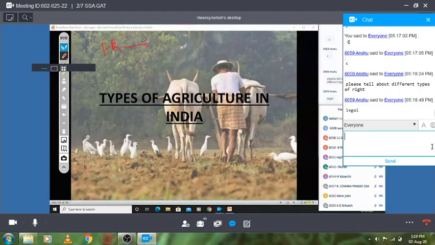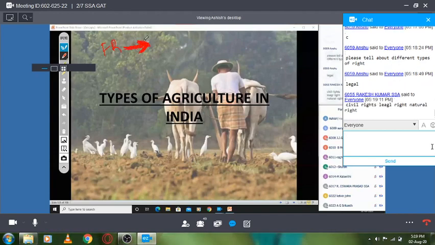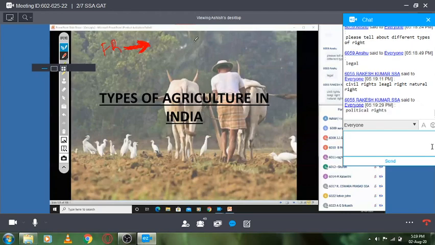Under fundamental rights, we have discussed some legal rights also. In fundamental rights, all your important rights we have discussed. Legal rights are too many, and that is actually not required, I must say. All the civil rights, legal rights, natural rights and so on would become too boring and too much. It is such a huge list of other rights.